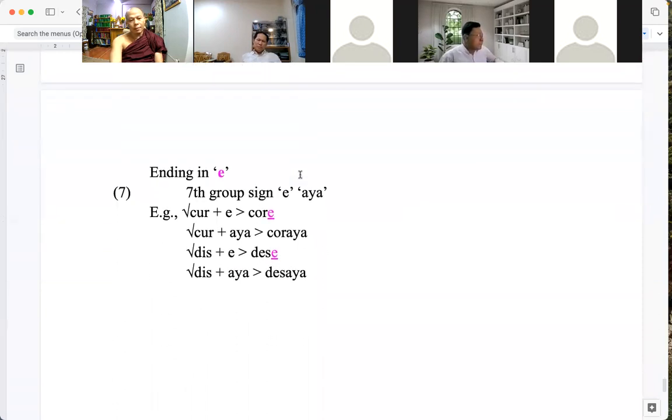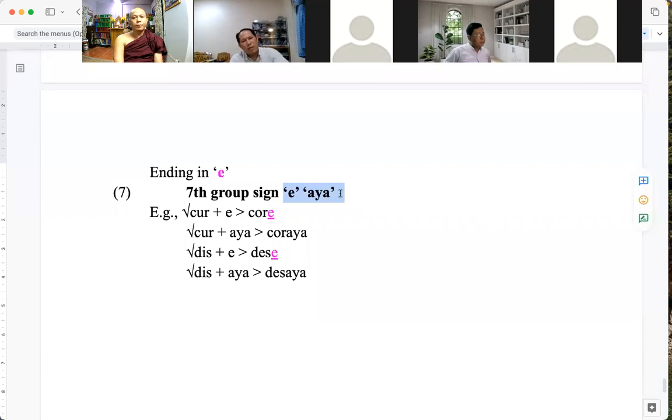And the seventh sign, for the vowel base ending in e. That one is related to the seventh sign. The seventh sign has two kinds, e and aya.